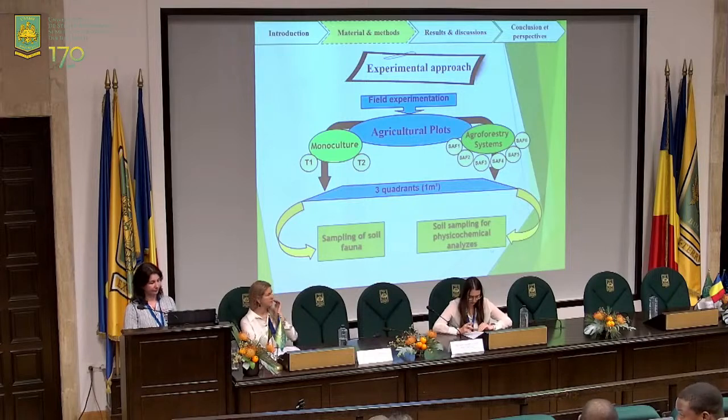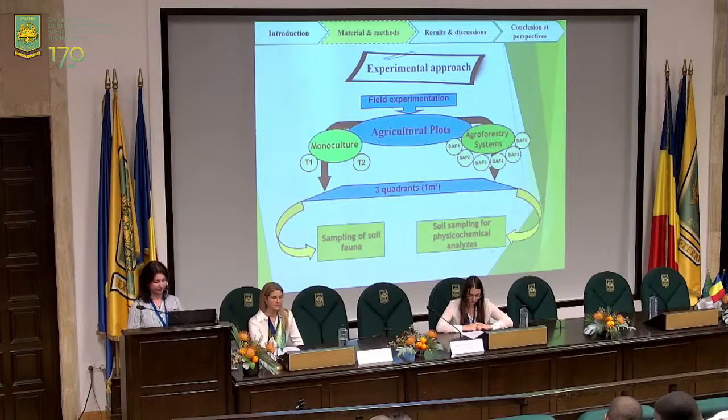The agroforestry system had trees and crops, and the second system, as a control, was just monoculture.